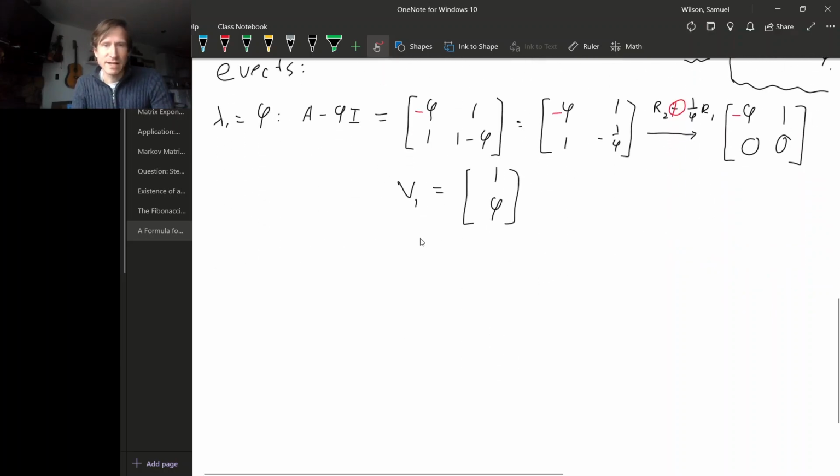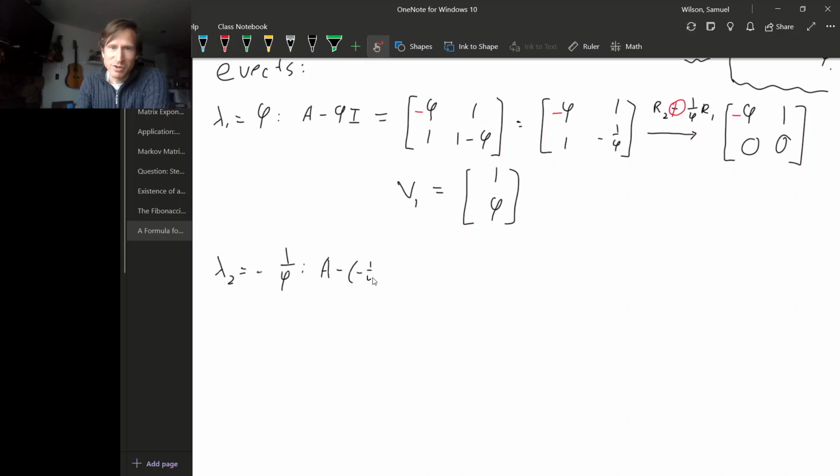All right, now for our second eigenvalue, this was minus 1 over phi. So for this eigenvalue, we have A minus our eigenvalue, which is minus 1 over phi, times I. So it's really a plus 1 over phi I. So this is 1 over phi, 1, 1, 1 plus 1 over phi.